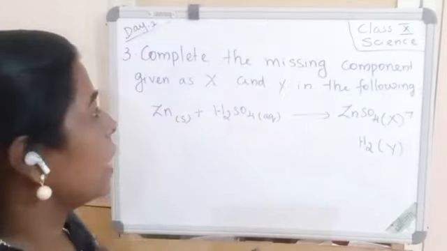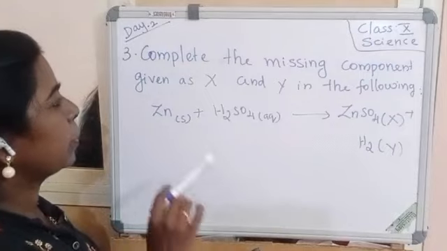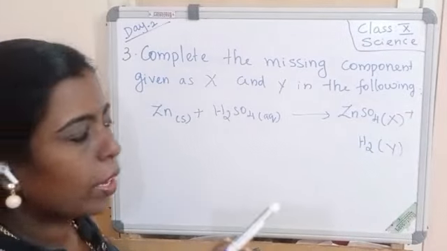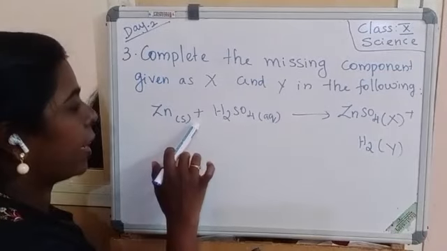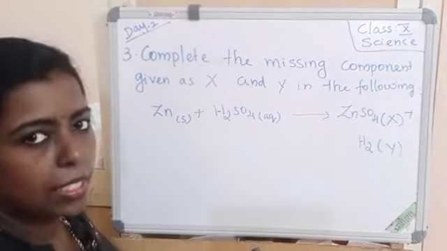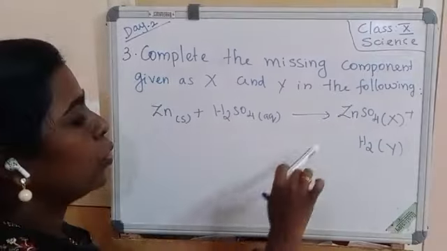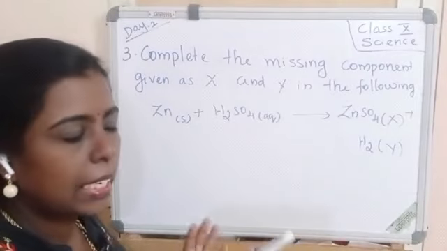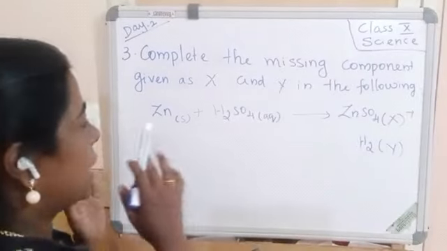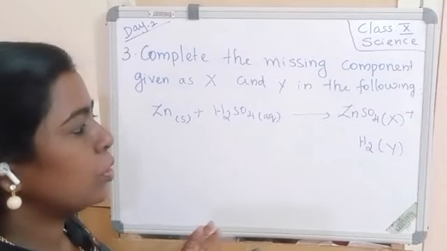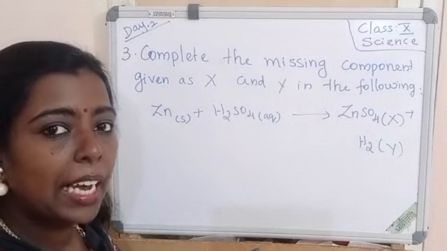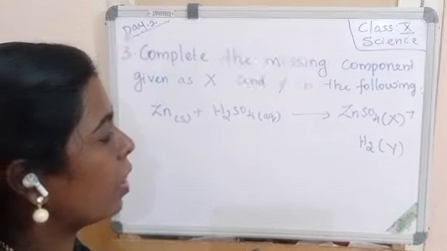Next question: complete the missing components given as X and Y in the following chemical equation. Zinc reacts with sulfuric acid in aqueous state to form zinc sulfate and hydrogen. Zinc reacts with sulfuric acid to form zinc sulfate, and hydrogen gas is evolved.